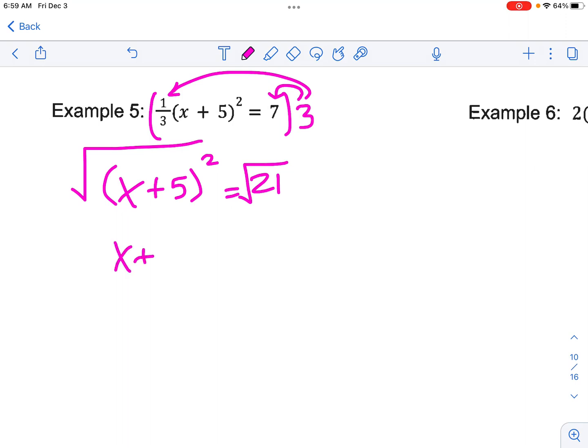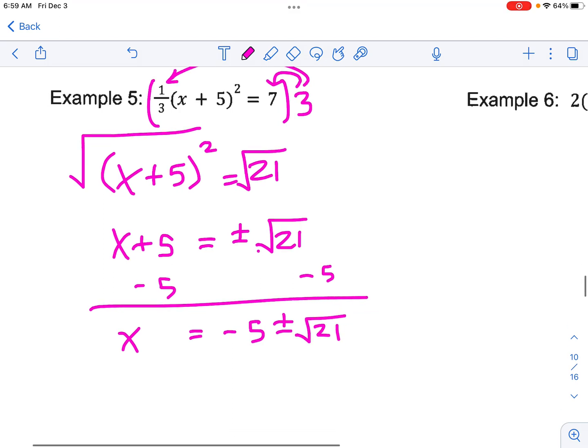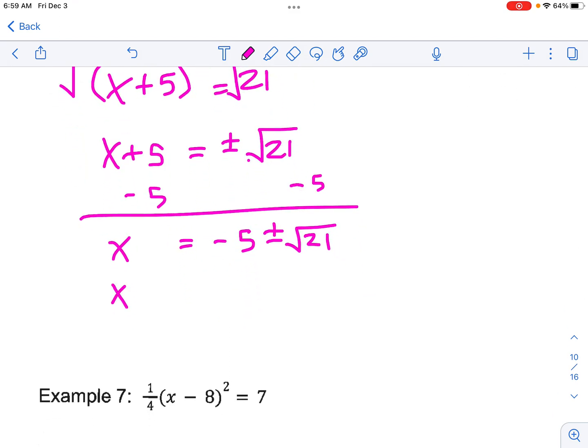So at this point I just square root everything, and I have x plus 5 equals plus or minus the square root of 21. And then I've got to subtract 5. And you can work in decimals and get 2 answers at this point, but this is the cool thing about these solutions. You can just leave this as minus 5 plus or minus the square root of 21.